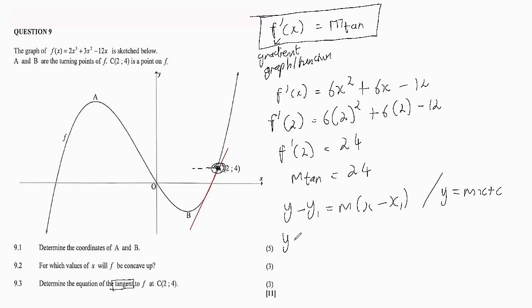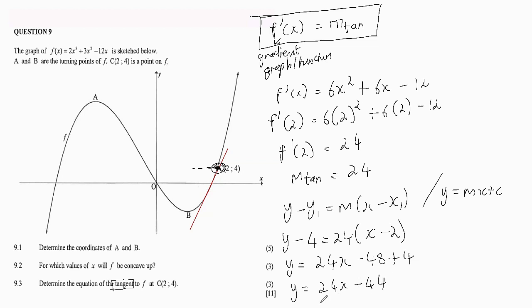So that's y minus 4, and then your gradient is 24, and then x minus 2. This is going to give us y equals 24 times x, that's 24x, 24 times negative 2, that's negative 48. Then if we transpose the negative 4, that's positive 4. And then our equation is now y equals 24x minus 44. So this becomes the equation of the tangent.